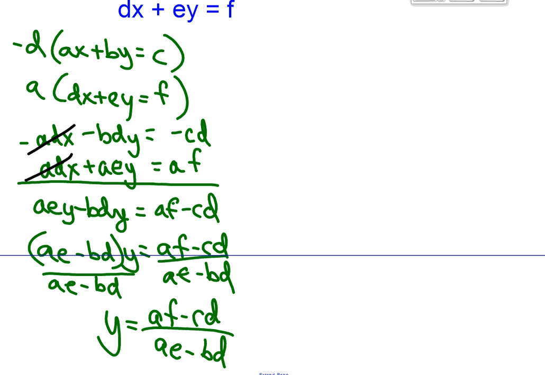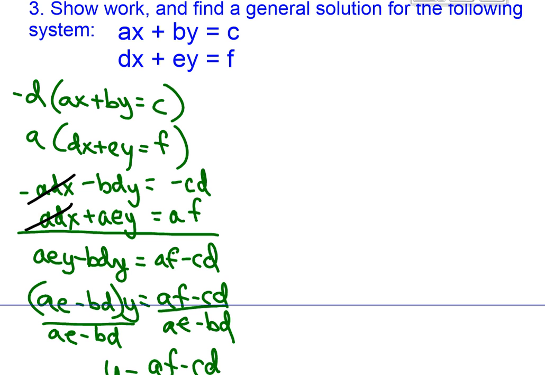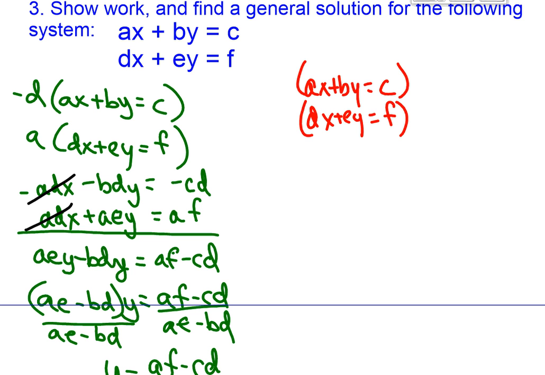I did do back substitution, and it's just a lot more letters. But the real way that I did this is I took this ax plus by equals c and dx plus ey equals f, and I multiplied each one by, I think I did positive e there and negative b there.